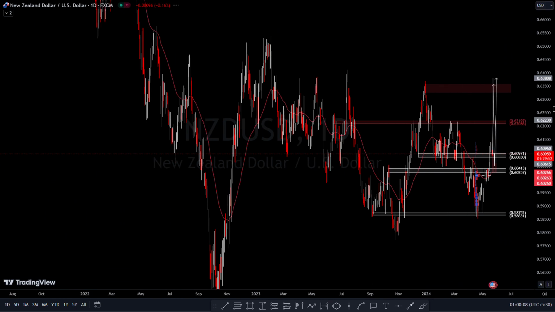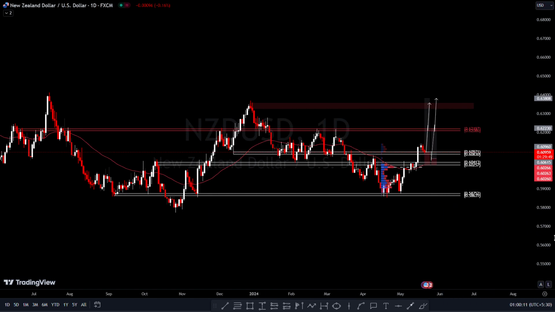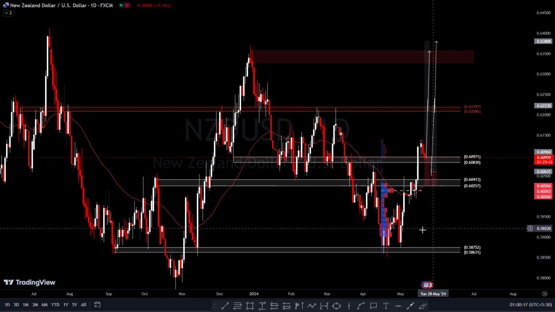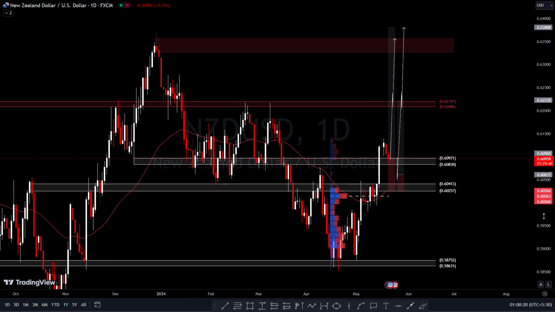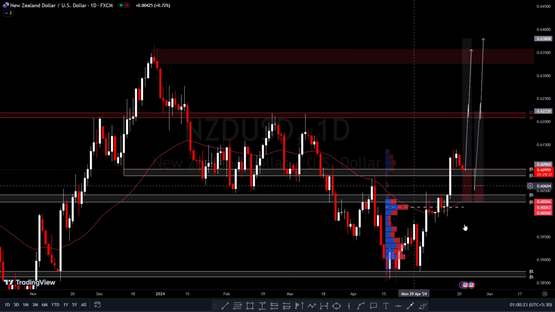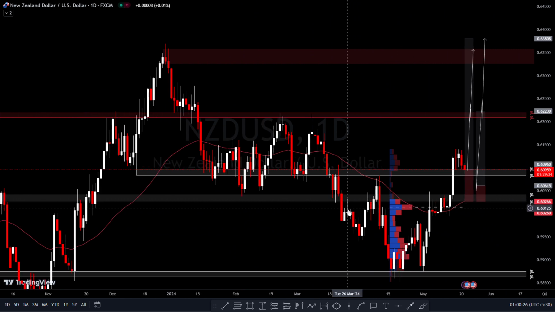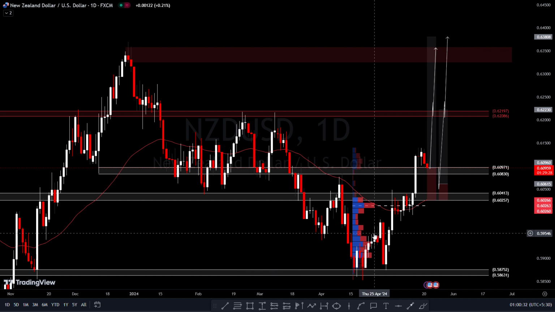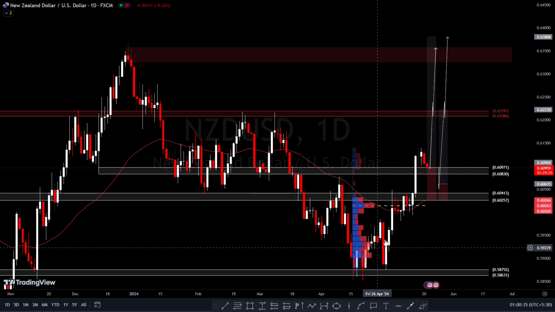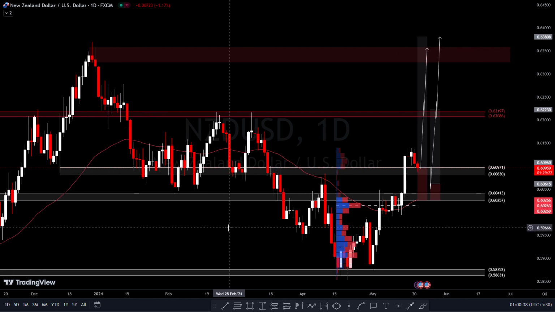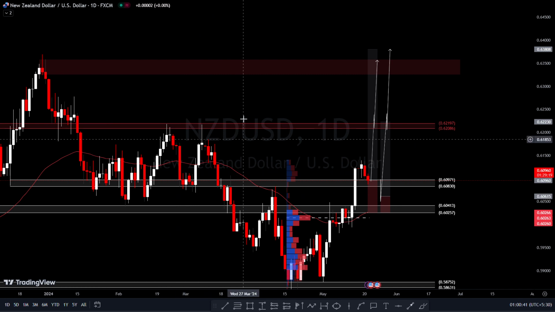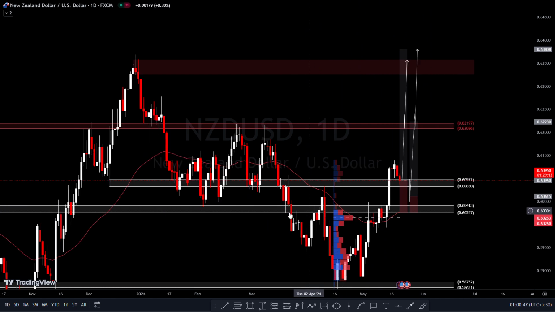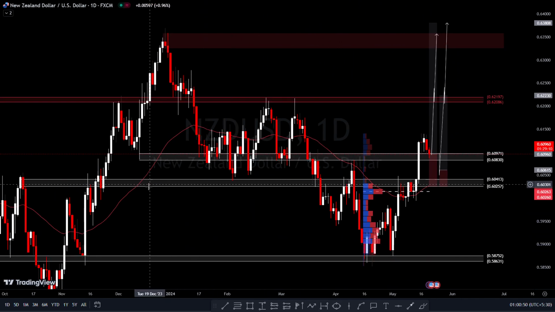As you can see on the daily chart, I have marked some key levels which have been respected several times in the past, and I believe that these levels are still getting respect and showing some bullishness in NZDUSD.